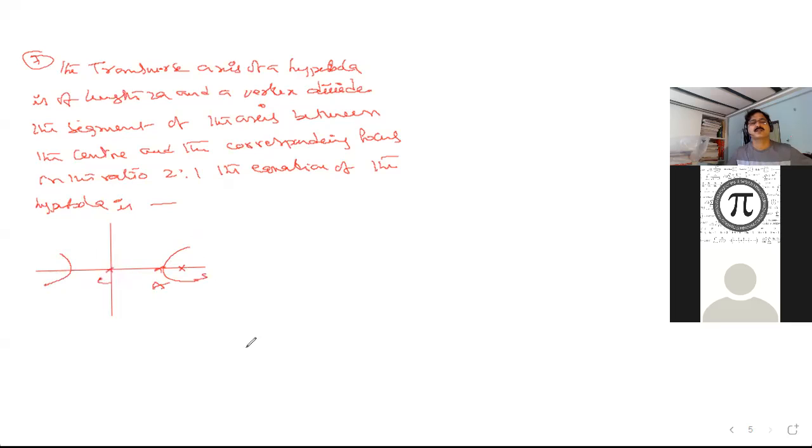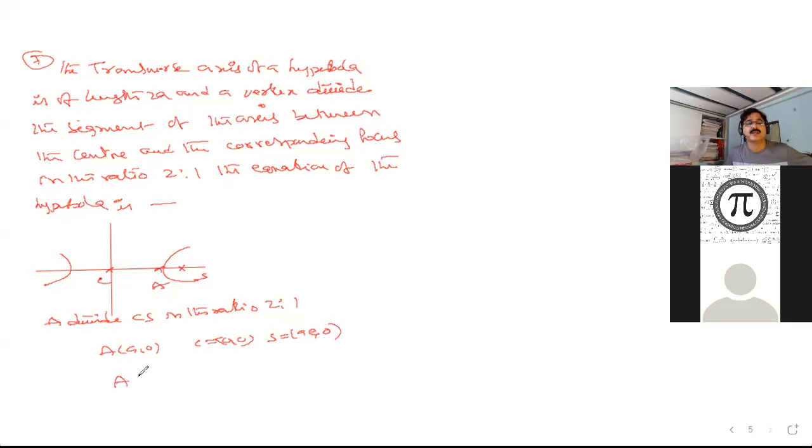So center is this, sir. So A divides CS in the ratio 2:1, given internally. C is 0, 0, and S is the corresponding focus.